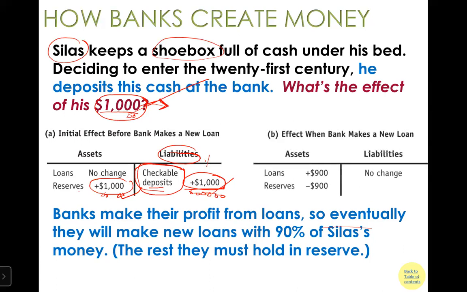That means the bank can make some loans, and the loan they can make will be 900, because now they must leave $100 as a reserve, right? Because we just said there's a 10% reserve ratio.